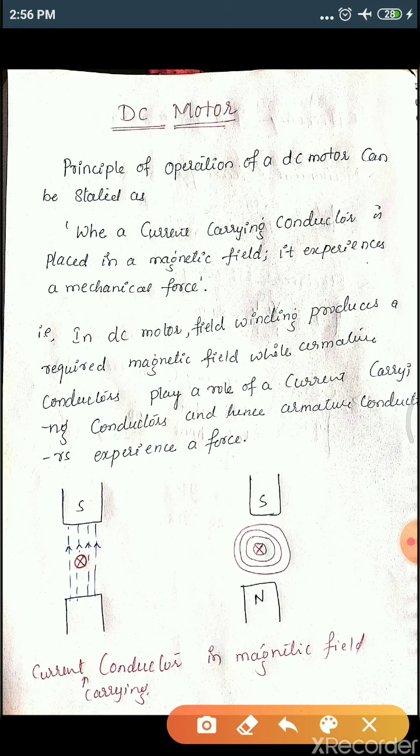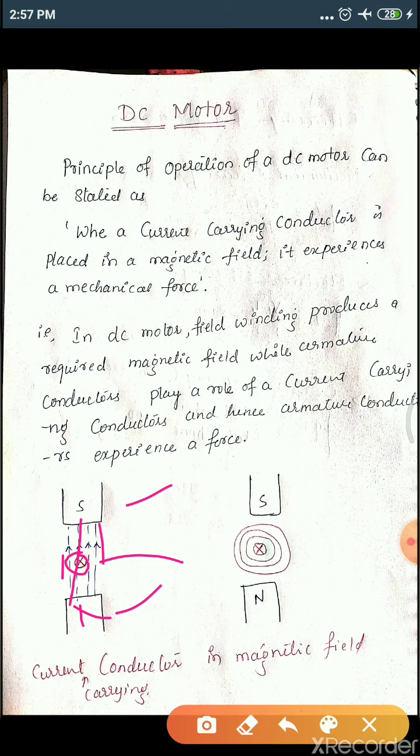This flux is different from the magnetic field of the north and south magnets. Because the conductor is carrying a current, and as we know any current carrying conductor produces its own magnetic field, this conductor also produces its own flux.